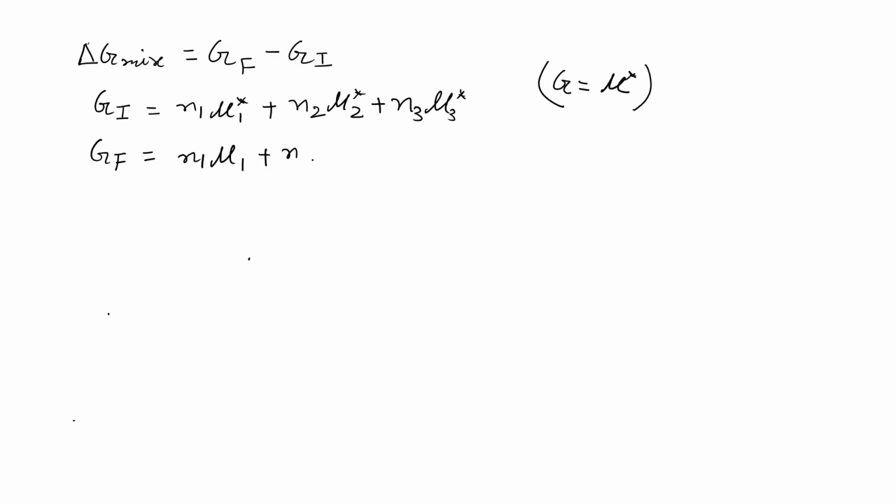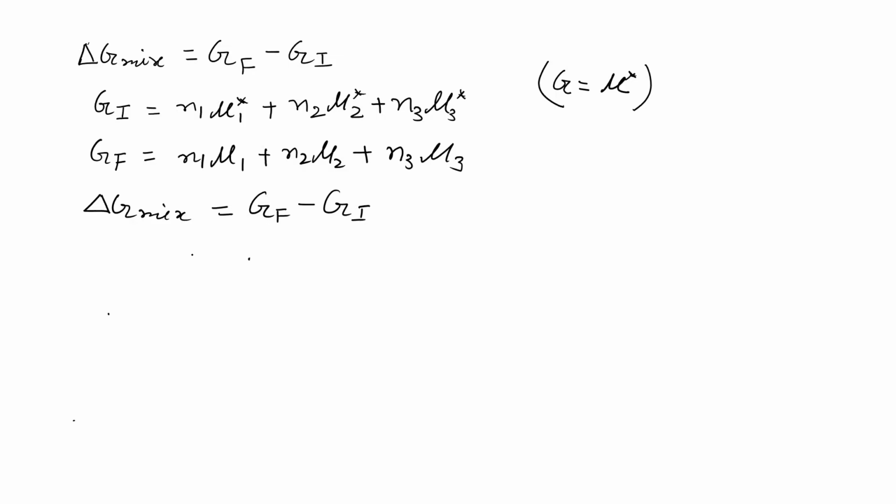Plus N2 mu2 plus N3 mu3. Okay. So then what will be delta G mixing? Just now I told you final minus initial. So G final minus G initial. That is the delta G mixing. Okay.